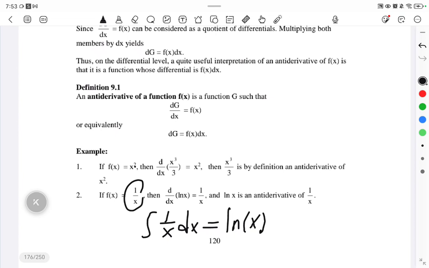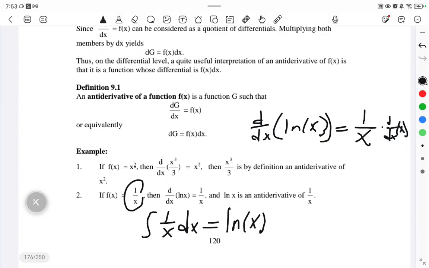So that will be the case. Remember this: when I derive ln x, what do I get? 1 over x times the derivative of what? Of the inside.